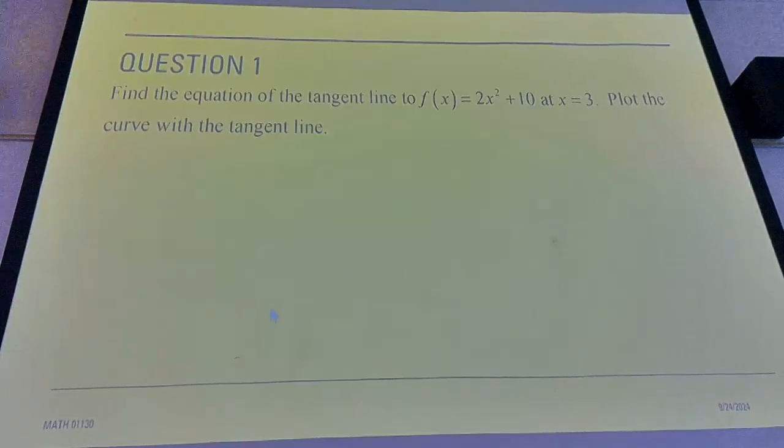What's the equation of the line? Well, that is a line, linear. What's that form known as? Slope intercept. What is the point slope form?